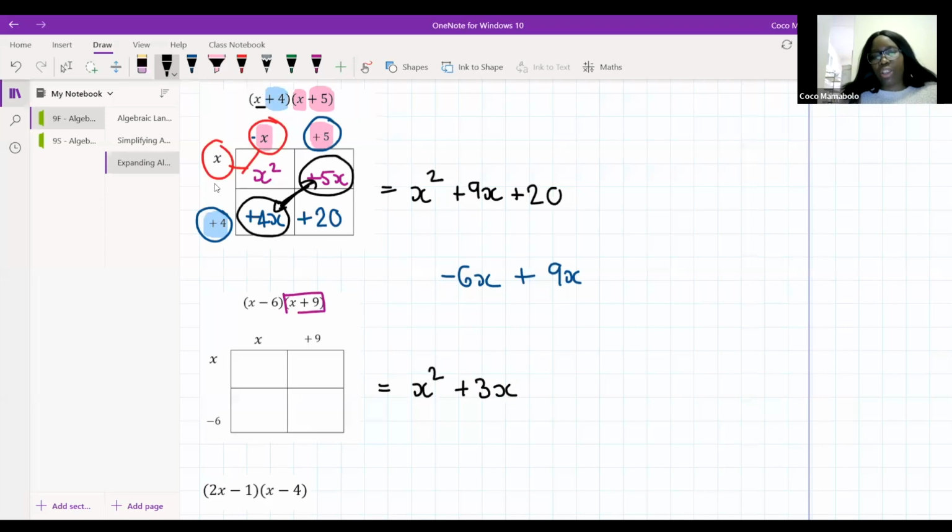If you've already gotten to the answer, this is the answer. Right. Evia says, ma'am, what if the numbers that are across from each other are not like terms? Don't add them, write them out. Just write them out. If they're not the same, don't add them together.